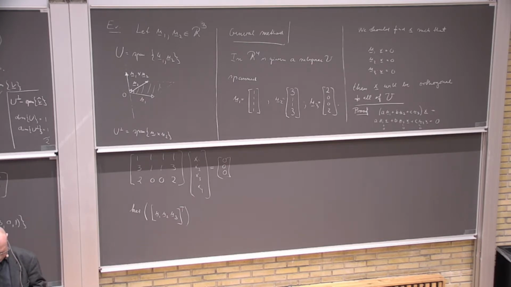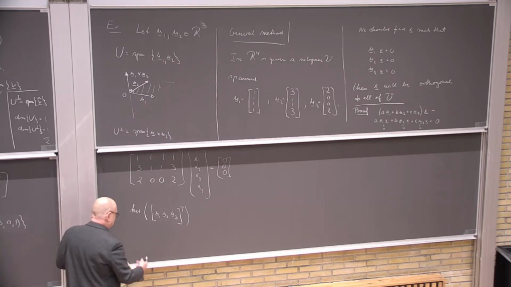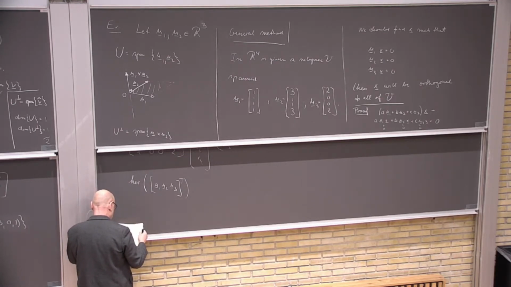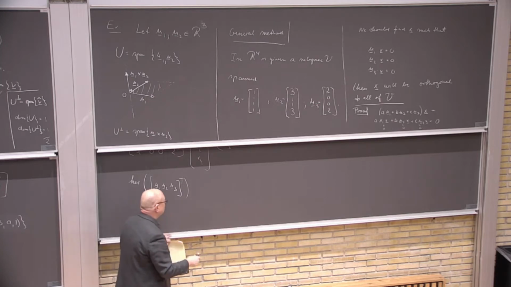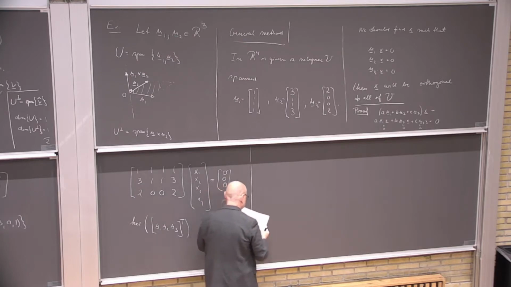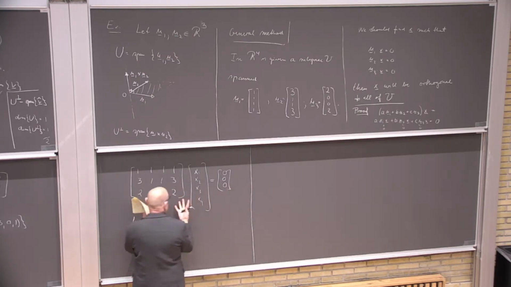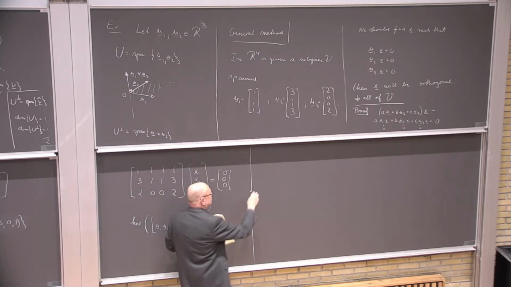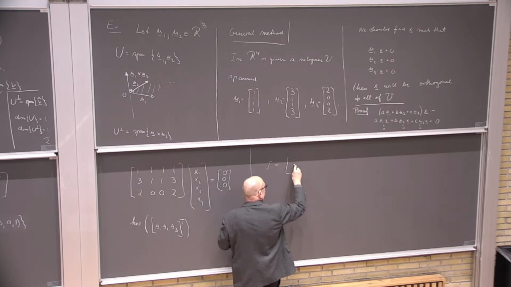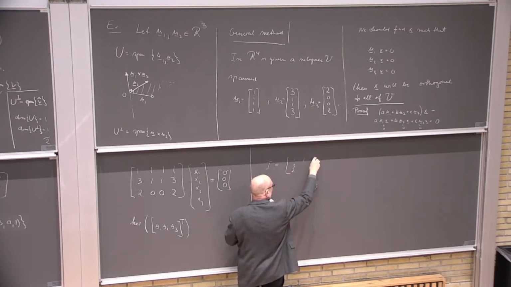Let me just try to solve this. When you have this system of equations and you want to solve it, you take the augmented matrix. This is 1, 1, 1, 1, 3, 1, 1, 3, and 2, 0, 0, 2.